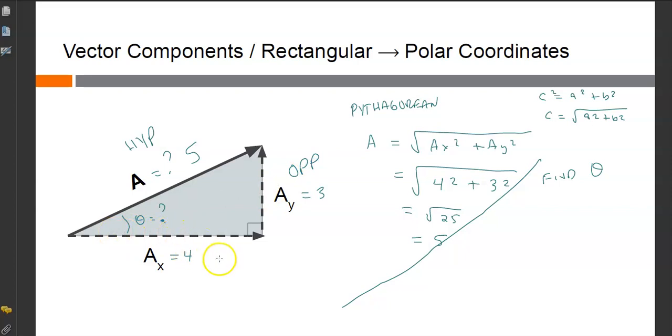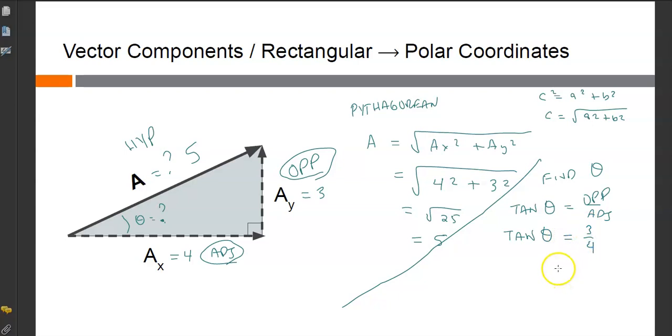Right next to it is the adjacent. So if I know the opposite is 3 and the adjacent is 4, and I'm looking for a trig function that uses opposite and adjacent, I am drawn to this one. The tangent of theta equals opposite over adjacent. Like that. And I know the opposite and the adjacent. I could go ahead and fill those in if I want.